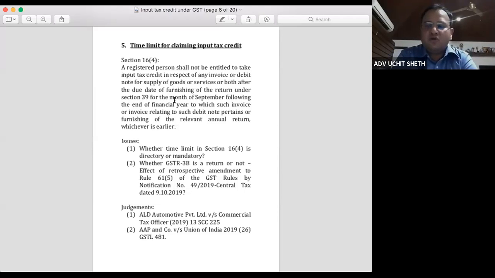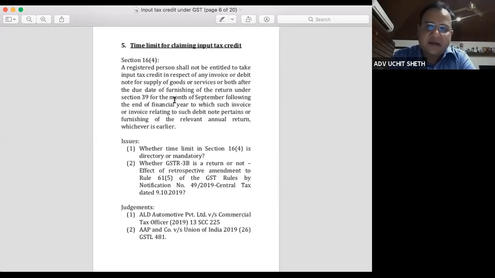The Supreme Court says that it is a mandatory provision. So if you skip claim of input tax credit within that mandatory period, you will not be allowed the tax credit. So we cannot be lax while putting up our claims.